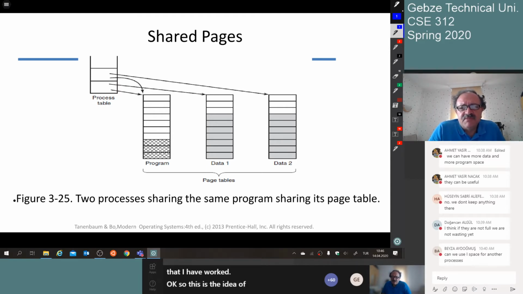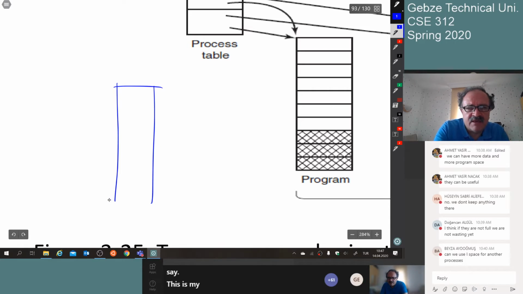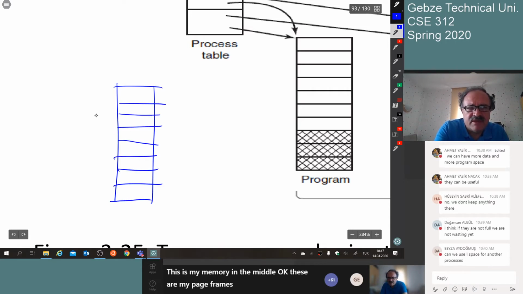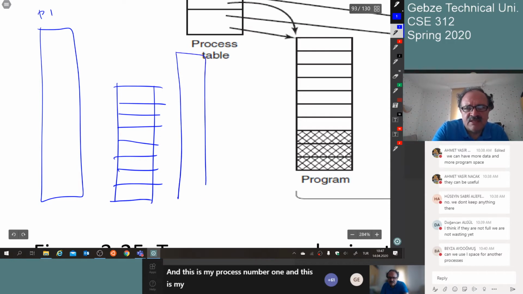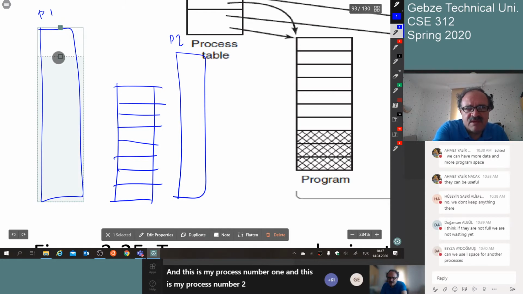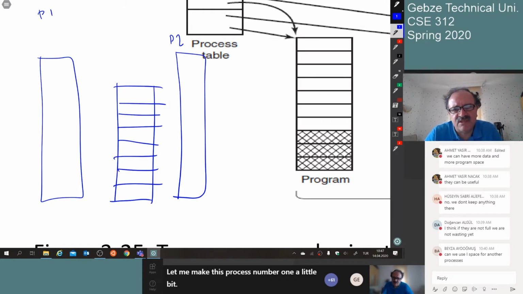Sometimes if you share pages between processes, you will be fine. Remember, our page tables are like this. Let's say this is my memory in the middle. These are my page frames, one by one, and this is my process number 1, and this is my process number 2. Let me make process number 1 the same size as process number 2.